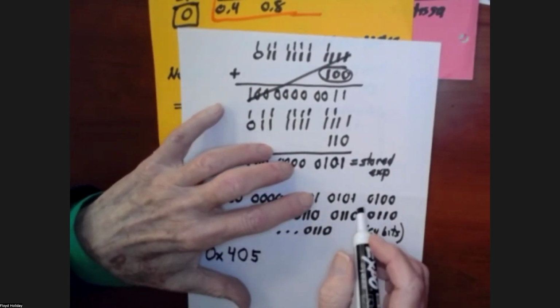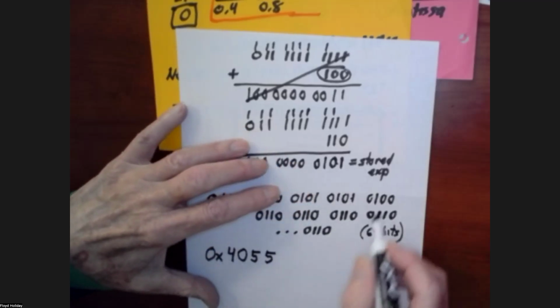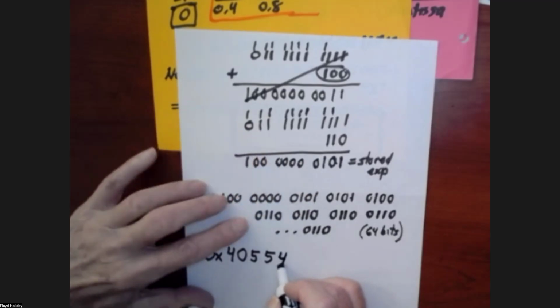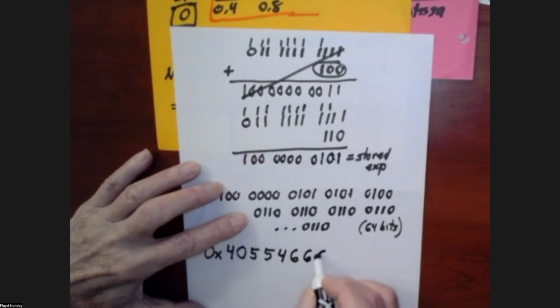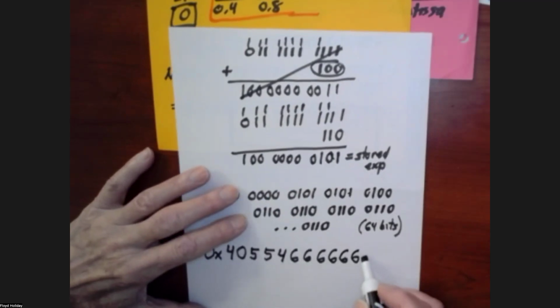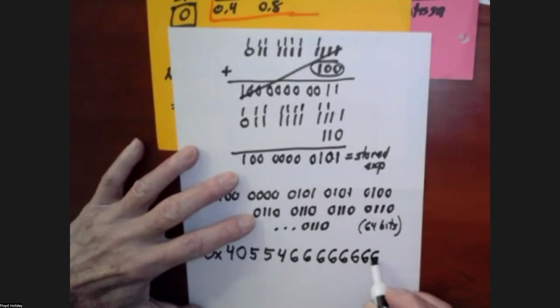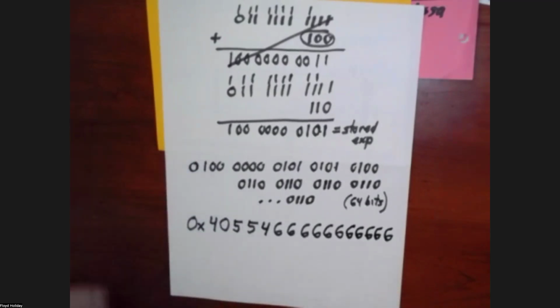The next one is a 5 again. The next one is a 4. The next one is a 6, and then 6s all the way, 16 hex digits in total.